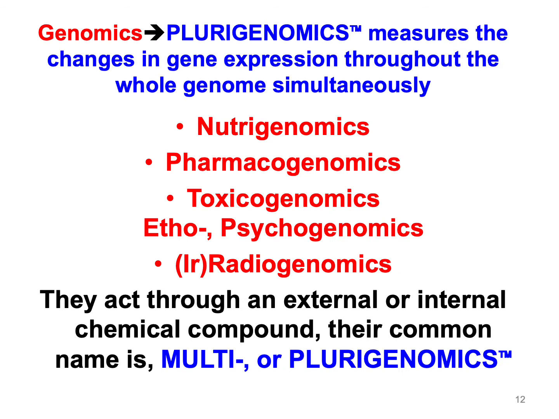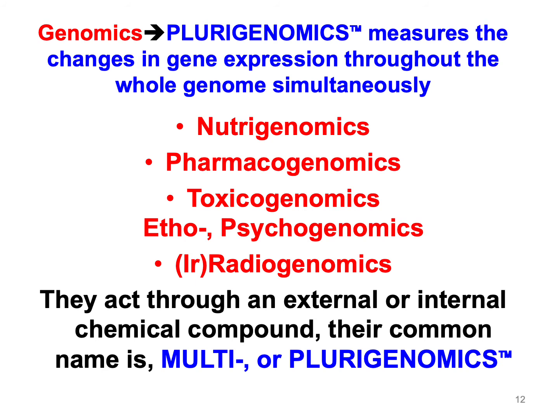So you see that plurigenomics, similarly to genomics, measures the changes in gene expression throughout the whole genome simultaneously. And according to the origin of the compound which exerts this effect, we can have nutrigenomics when the compounds of the diet are the players.